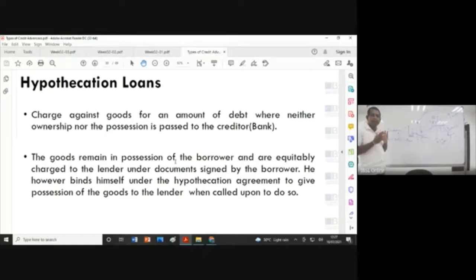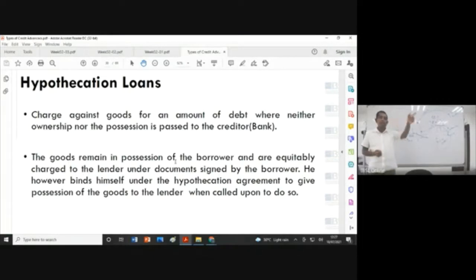If the customer does not pay and we say that you need to return the goods to the bank, they are bound to return the goods. But these days we don't use this kind of product because it is very cumbersome. We have a lot of paperwork. Therefore, we don't use hypothecation loans.